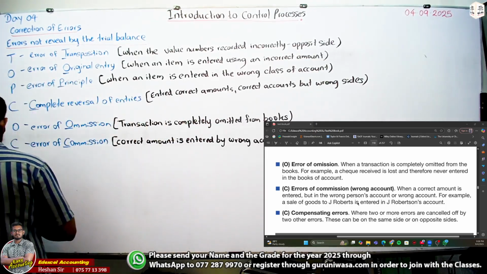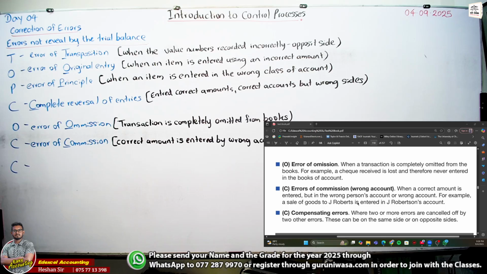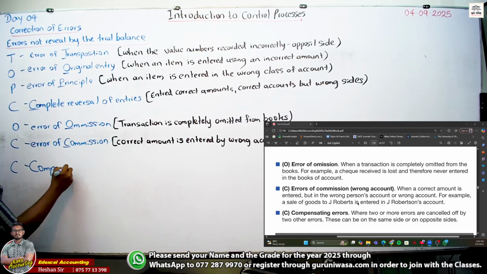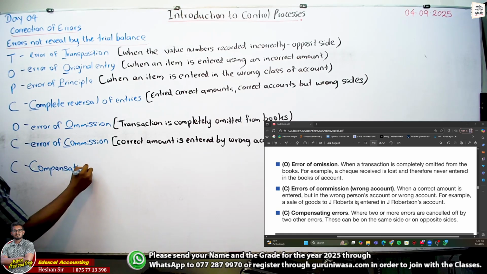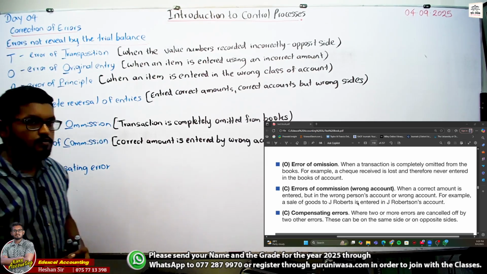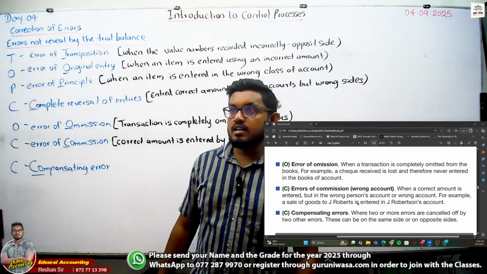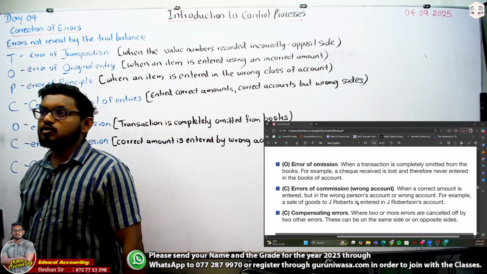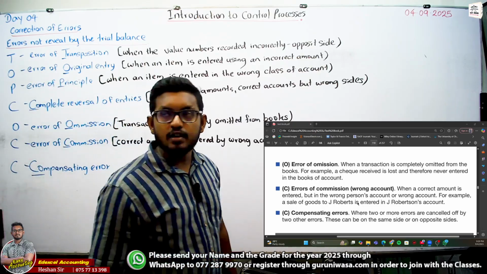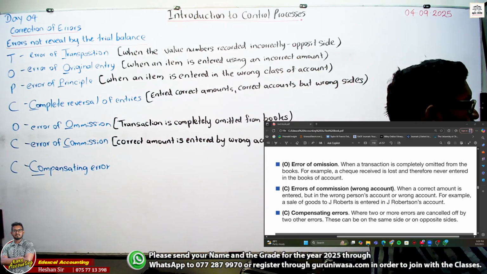Finally, compensating error. What is the term called compensating error? It's like this. Two or more errors are cancelled off by two other entries. These can be on the same side or opposite sides.